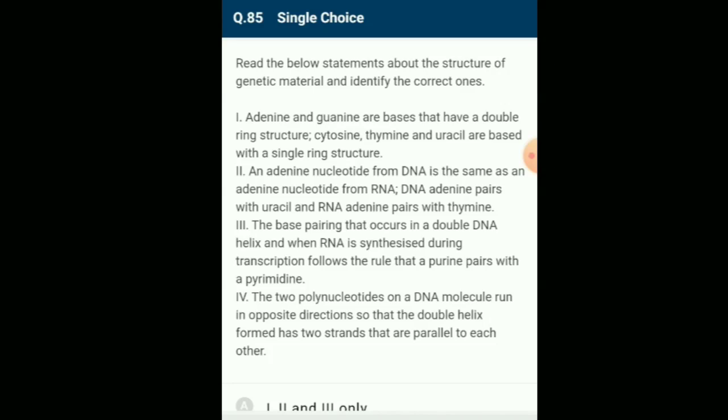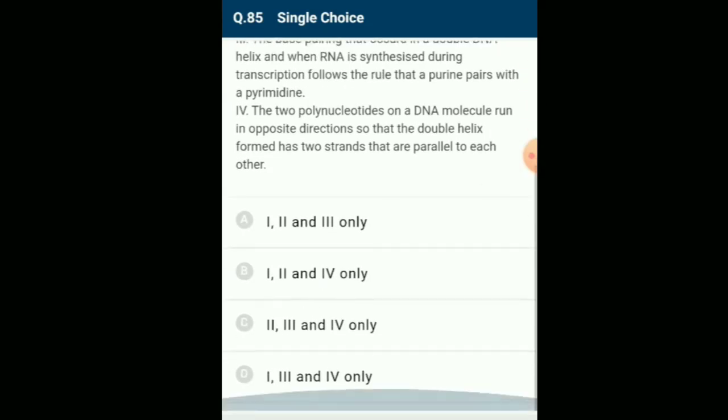The nucleotides of DNA and RNA are not the same as the sugar molecule is different: ribose in RNA and deoxyribose in DNA. So the answer for this question is option D. From the given statements, first, third and fourth only are the correct ones about the structure of genetic material.